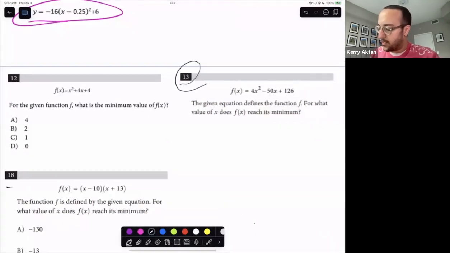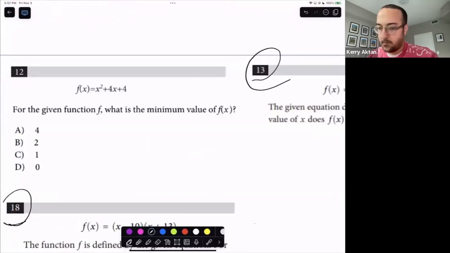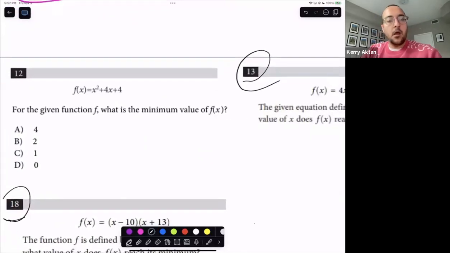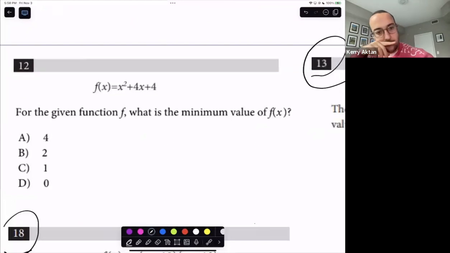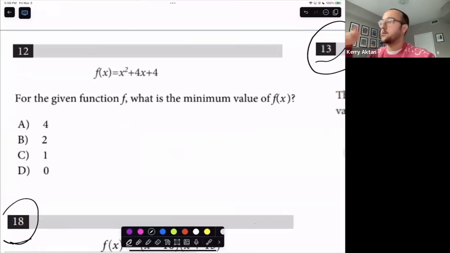Please go ahead, 13 and 18. This is non-calc. Put those graphing calculators down.